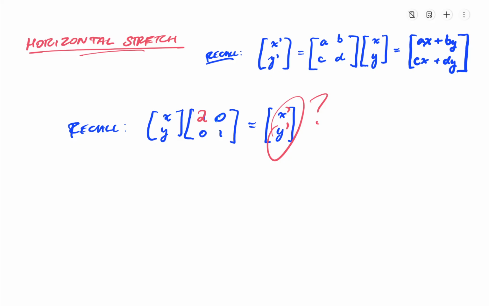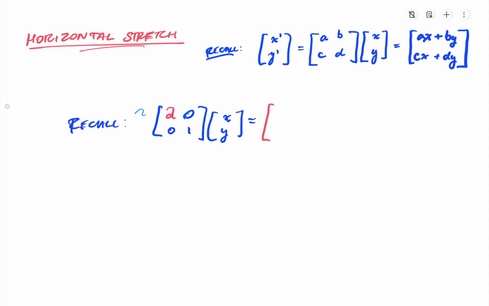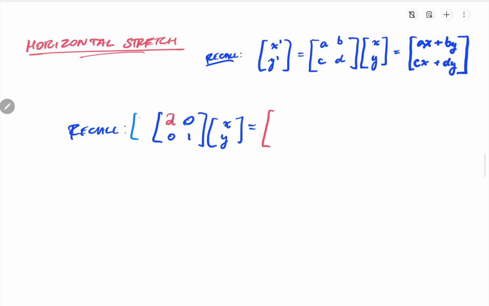Let's go ahead and see what those effects are. That's actually written in the wrong order. Let me fix that. All right, so now that we have it properly, to find our output, x prime and y prime will be equal to this matrix times our input.